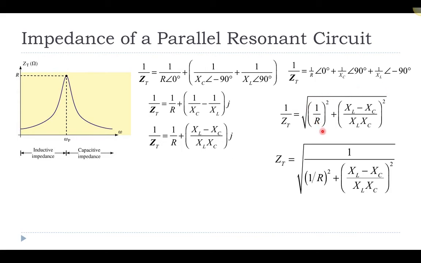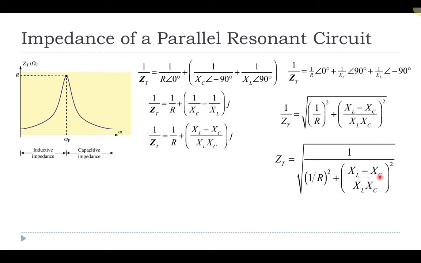And so at resonance, the impedance in my circuit is the largest it can possibly be. What happens is the capacitive reactance and the inductive reactance at resonance are equal to one another, and so this whole term is just 0.